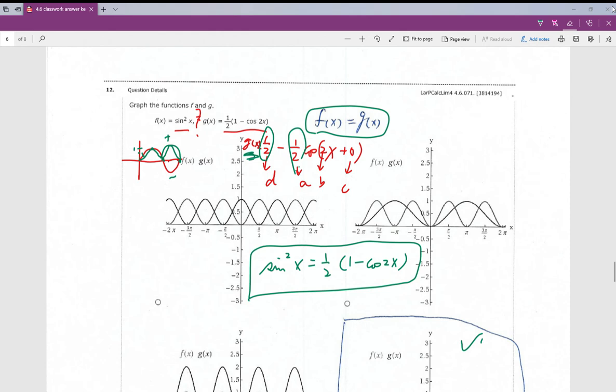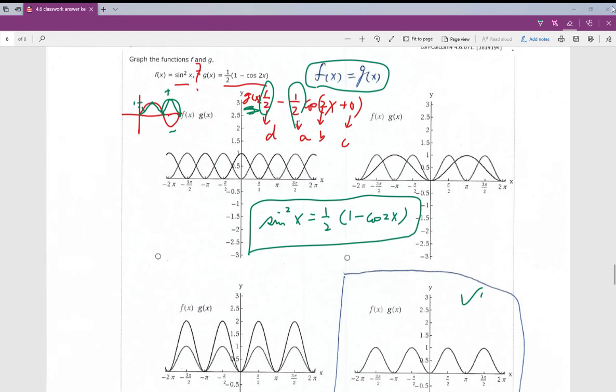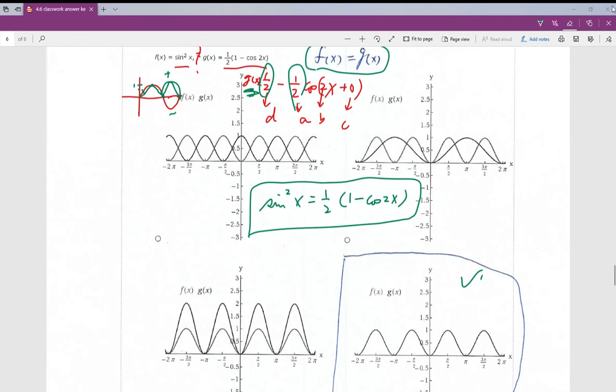Wow, this computer really bothers me today. Okay, sorry about that.